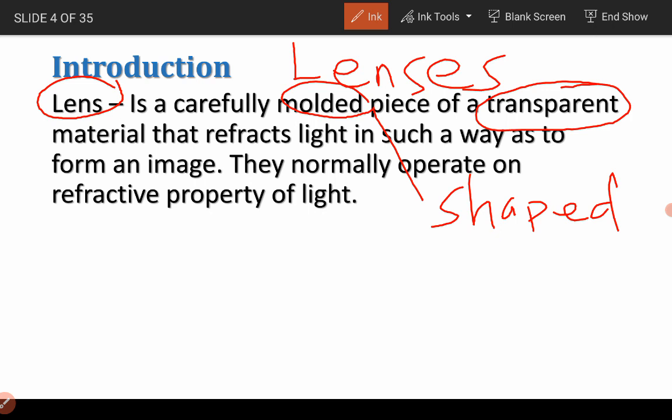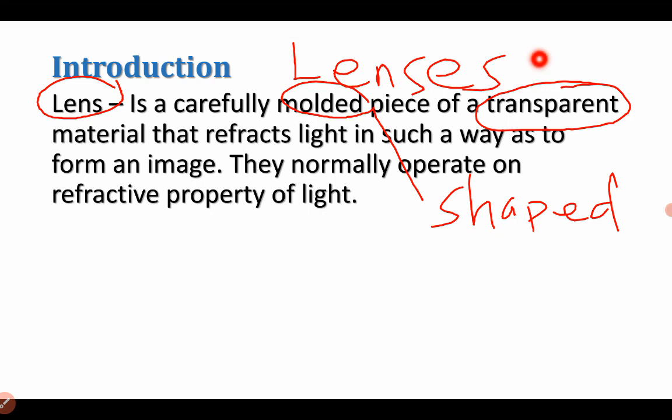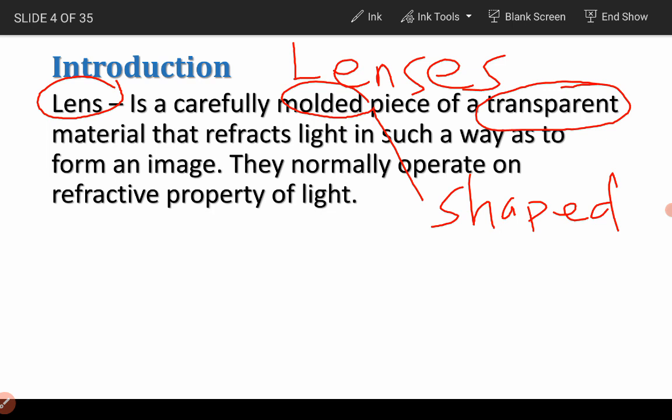So any material that allows light to pass through and we can see through it is called transparent material. So it's shaped in a way that it can refract light. Remember, refract means bend. So a lens is capable of bending light, a ray of light. The effect of that is the formation of an image.